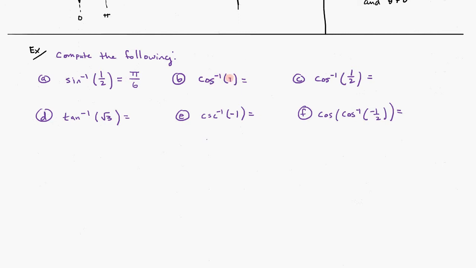For inverse cosine, cosine of 0 gives you 1, so the angle should be 0. Here, cosine of pi over 3 gives you 1/2. So that means the inverse cosine of 1/2 is pi over 3.